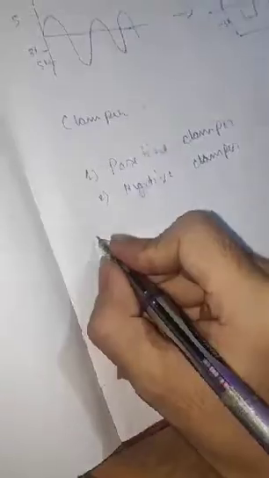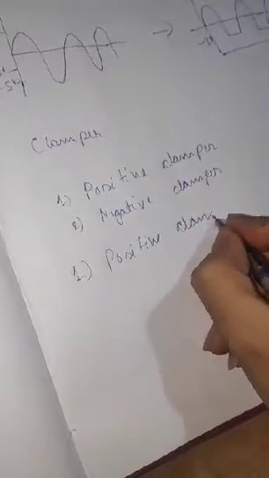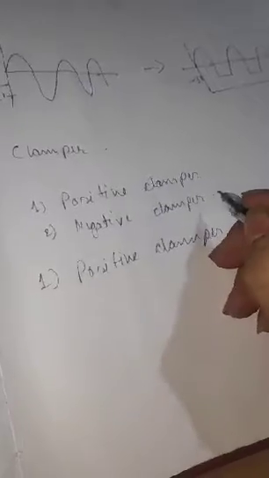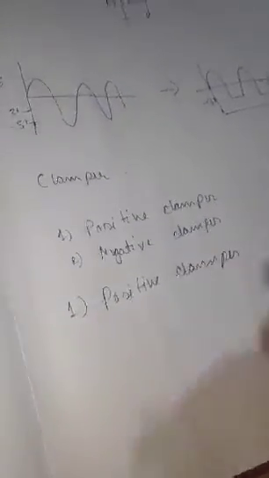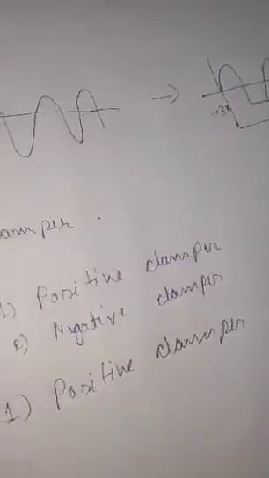We will be discussing about positive clamper. This positive clamper is a clamper circuit that produces an output in such a way that the input signal gets shifted vertically by a positive DC value.